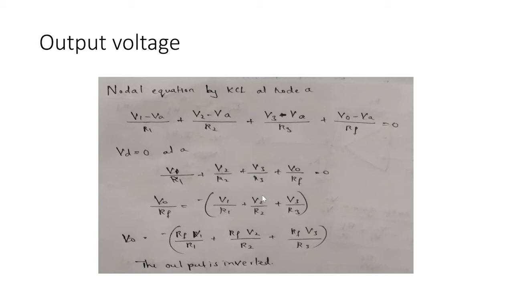We take V0 by RF to the right side and we get the output voltage V0 equal to minus RF times V1 by R1 plus V2 by R2 plus V3 by R3. The output will be inverted.